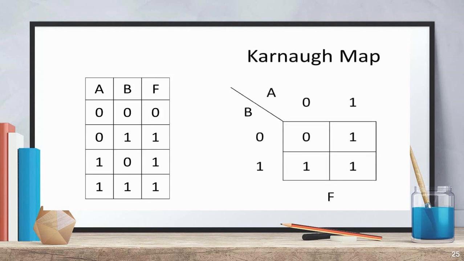Here is another example with 2 inputs. We have seen this one before. It is the truth table for an OR gate, but let's see how we can derive the boolean expression by inspecting the KMAP. Here is the corresponding KMAP. A single group cannot be formed, so what we have here are 2 overlapping groups of ones.